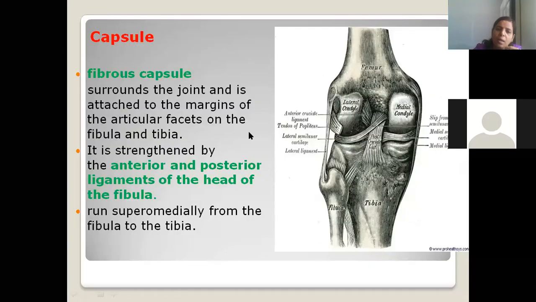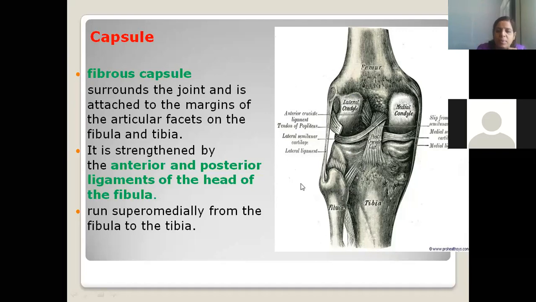Now see here, like any other joint, any joint will have an outermost covering. So that outermost covering is the joint capsule. Which bones are involved? Tibia and fibula. Like you see, the fibrous capsule is surrounding the joint and it is attached to the margins of the articular facets of the tibia and also fibula. So like any other joint, this joint also will have ligaments.